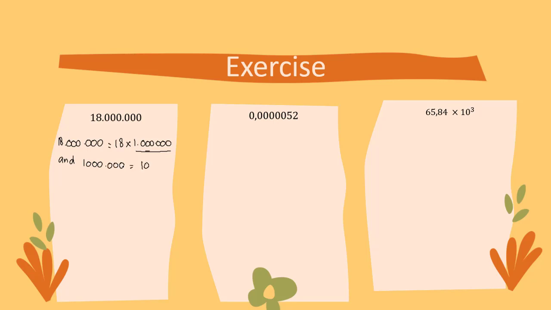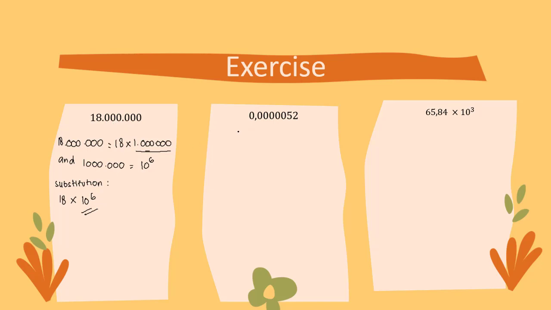With 10, because there are 6 zeros, so 10 to the power of 6. Now I can substitute 1 million with 10 to the power of 6. So this is the scientific notation of 18 million.